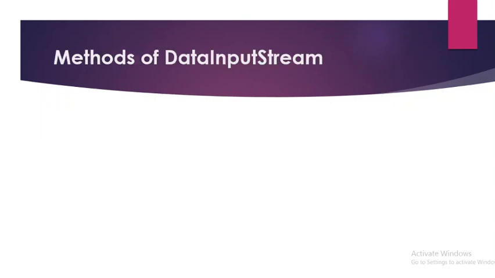There are different methods available in data input stream. As I said, the data input stream class is used to read data specific to the primitive data types. Related to that, there are certain methods available in the data input stream class, like readShort.